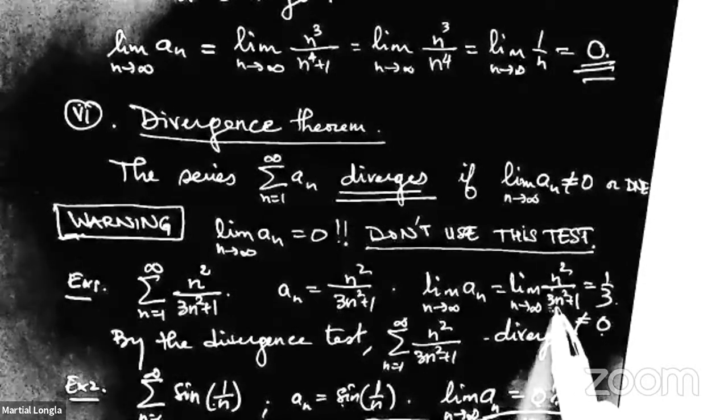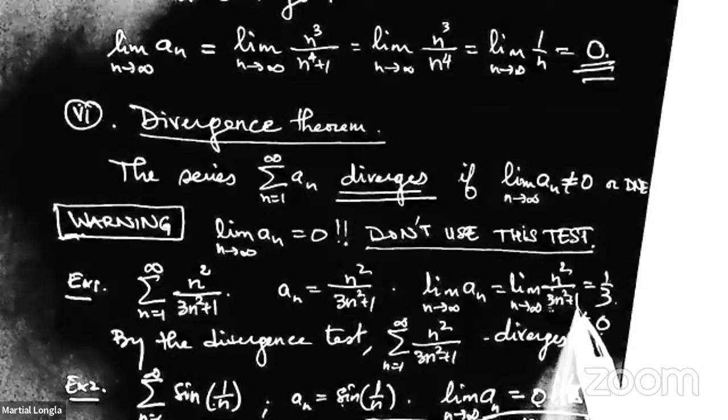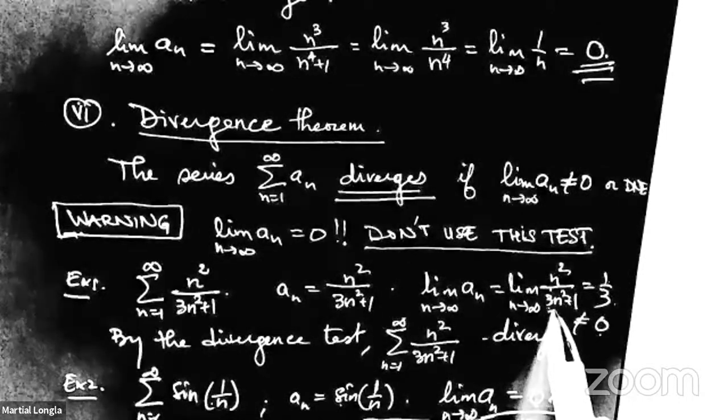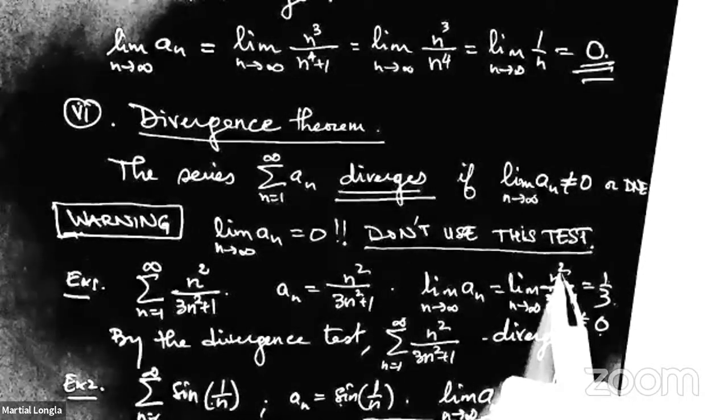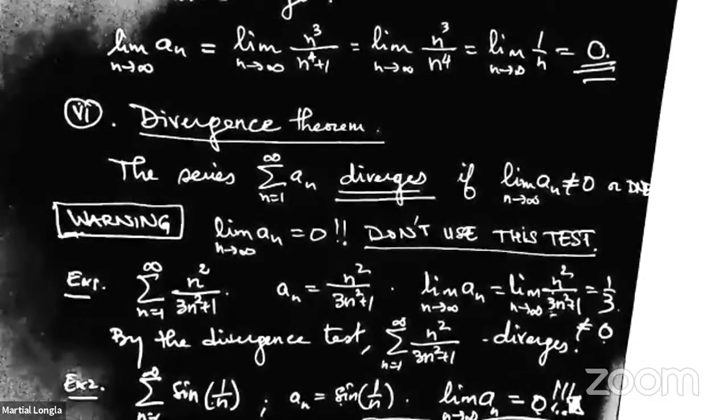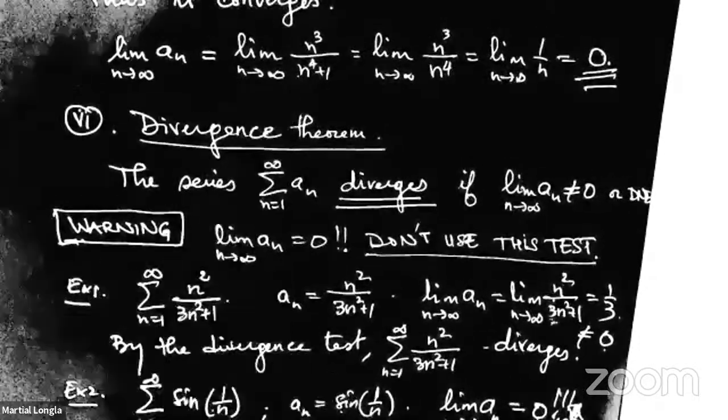Yeah, because here, this thing is very small compared to that. Let's say you take n equals 100, right? This is 100 squared, 10,000, times 3 is 30,000. What is 1 next to 30,000? So the most important thing is this one. Therefore, we take that over this, and we get 1/3. Same thing in this other example.